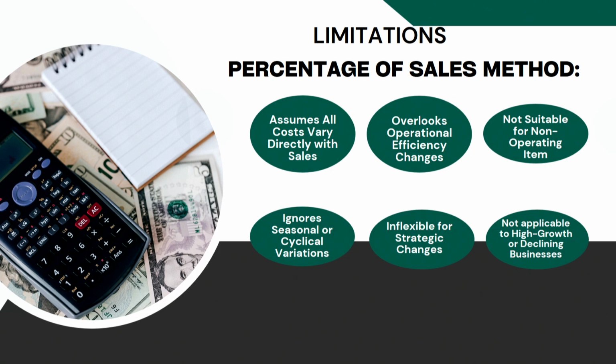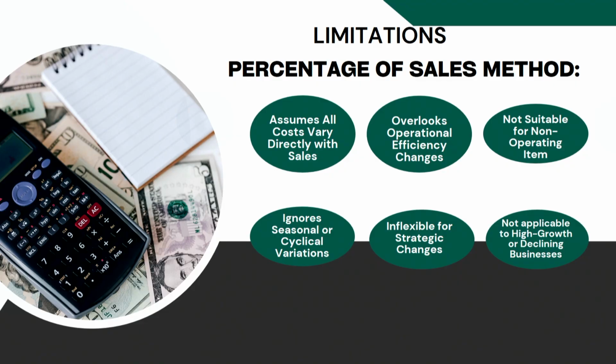Obviously, when you are going to talk about strategic planning, we are there to take into consideration all other items which are not directly changing in relation to changes in sales, but the percentage of sales method is more or less getting centered towards that particular relationship of sales vis-a-vis other items which are shown in the income statement, and thereby many items which are not related to sales get ignored, and that is why it is making the strategic planning inflexible.